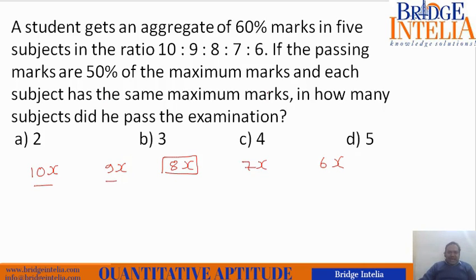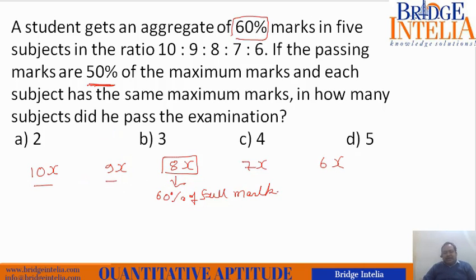As per the information, he has scored an aggregate of 60%. So this 8x represents 60% of full marks. If the passing marks are 50%, then in how many subjects has he passed?